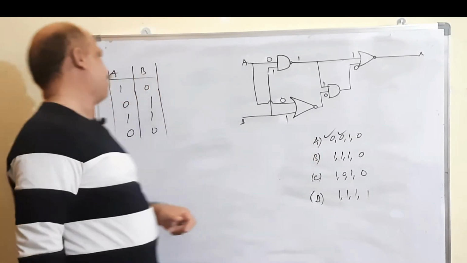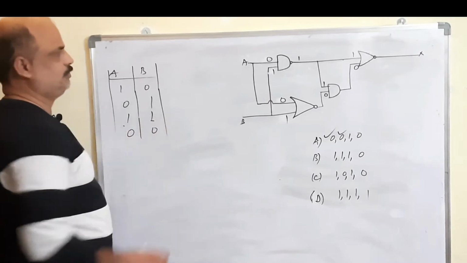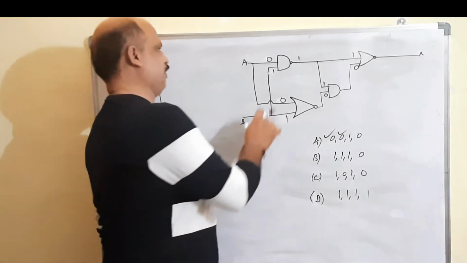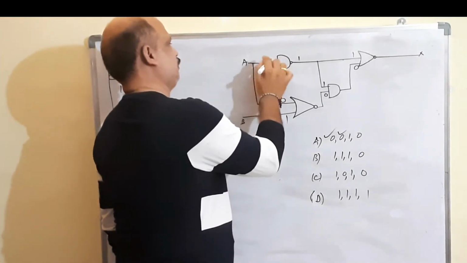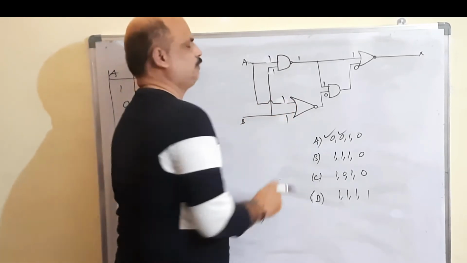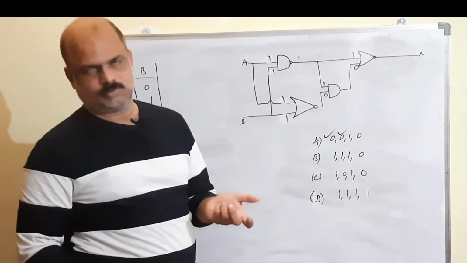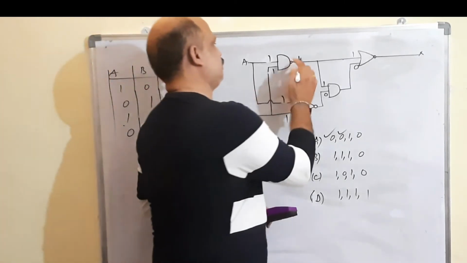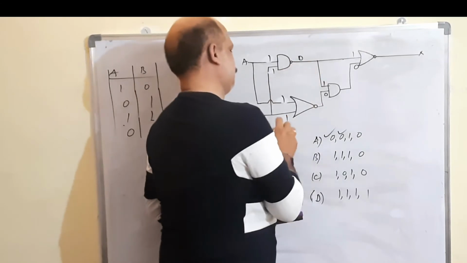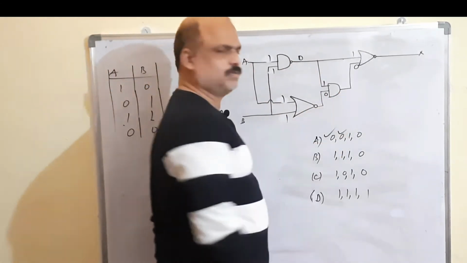So let us check the third option also. Third input 1, 1, 1, 1. That means here we give 1 and also here 1. 1 into 1 is 1. So here 0. 1 plus 1 is 1, so here it comes to 0.